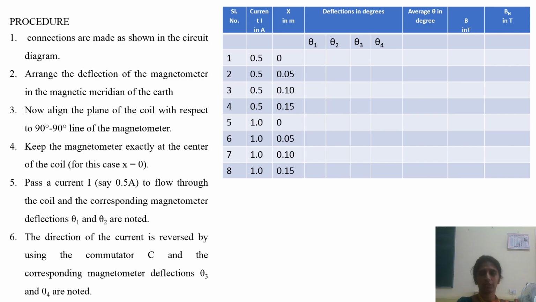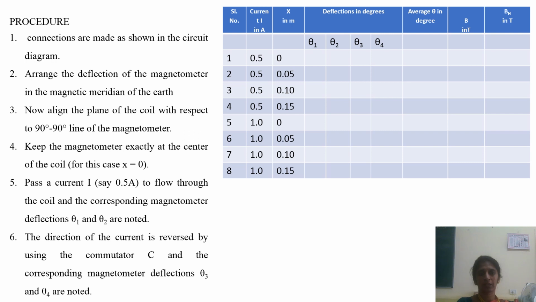In order to determine the magnetic field along the axis, we have to follow this procedure. Connections are made as shown in the video, and you have to arrange the deflection of the magnetometer in the magnetic meridian of the earth as shown in the previous slide.